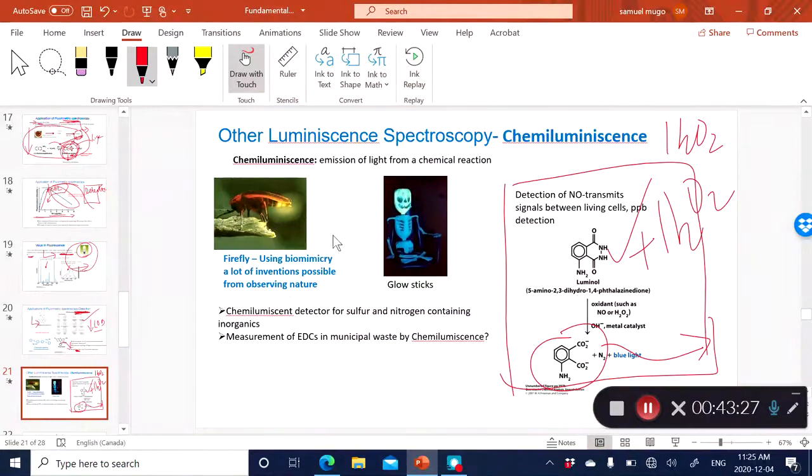Now in nature, you've got organisms such as fireflies, for example, that give off light. I've included it here because in the art of innovation, you've got people looking at nature using the so-called biomimicry approach. You observe nature, see what happens, and then create inventions.